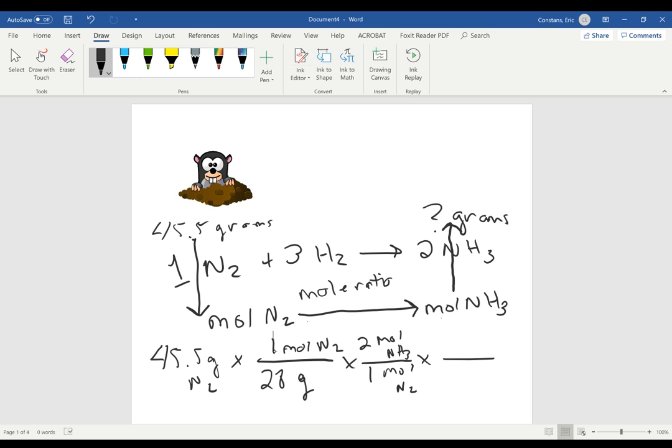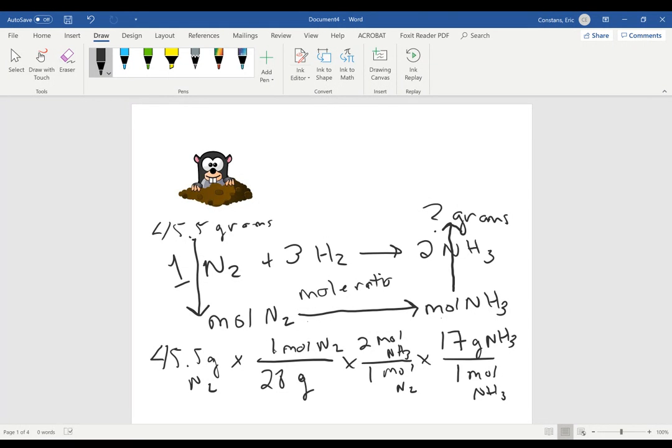And now, go from moles of NH3, so I know that moles of NH3 has to carry down here. And I'm looking for grams of NH3, that's going to be on the top. And again, anytime you see grams over moles, we know that's going to be the molar mass. So the molar mass always has 1 mole where the moles unit goes, and then that periodic table mass on the top. So notice this is exactly the same setup we had before.